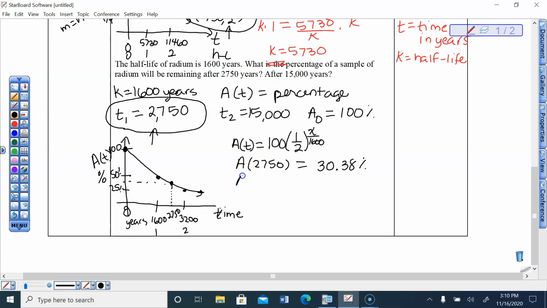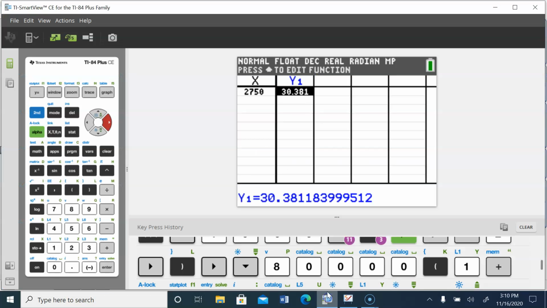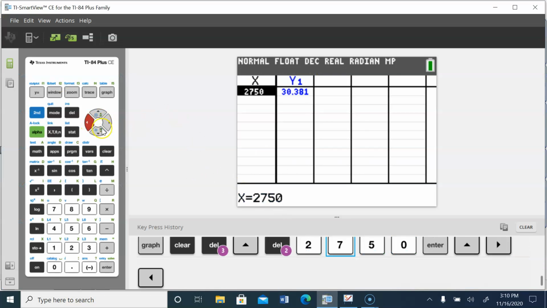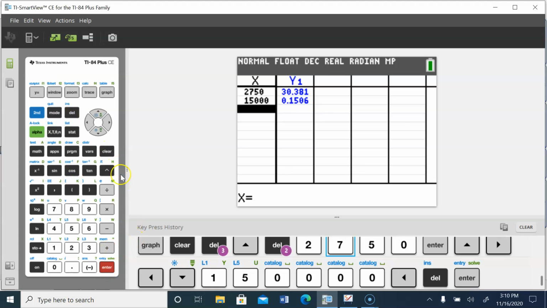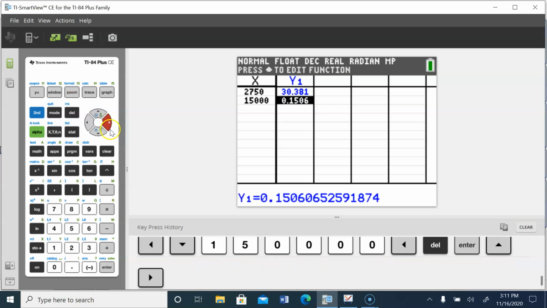Okay, and then we're going to go back in and plug in 15,000 and have the calculator calculate that value. So go back to my X, and I'm just going to go ahead and enter 15,000. Oh, that's too many. There we go. Hit enter, and then arrow up to get a value, and arrow to the right, and look down here at the bottom of the screen.